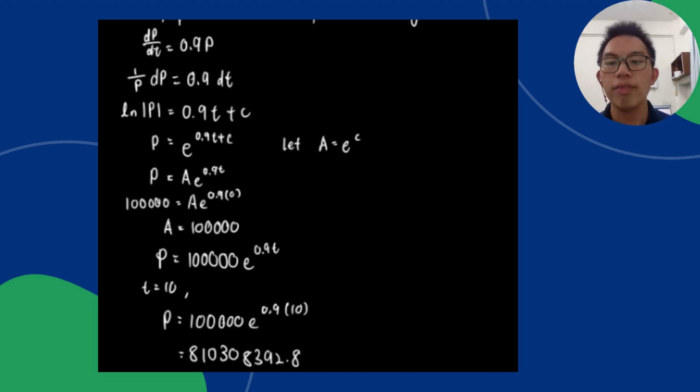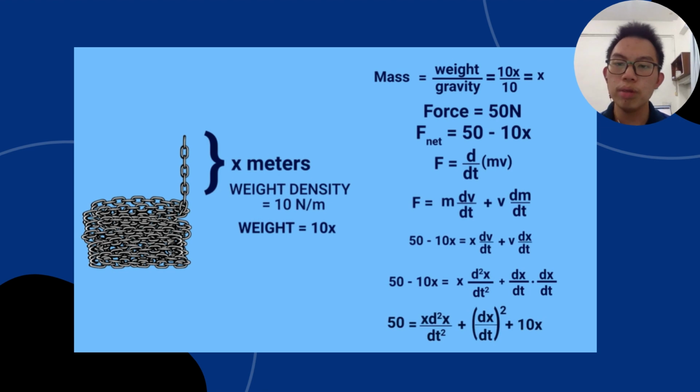By putting the initial condition into it, we find that a equals 1,000,000. So we substitute a into the second equation, and then we find, when t equals 10, how much the population size is. The final answer is shown here, which is 810,308,392.8.